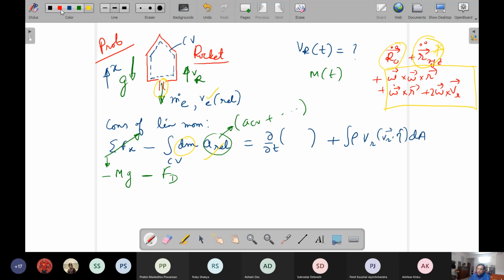So out of this overall integral, you will have only one term, which is nothing but R double dot, capital R double dot, that is this one, dVr dt. So it is m dVr dt. We have to keep in mind this m is a function of time.